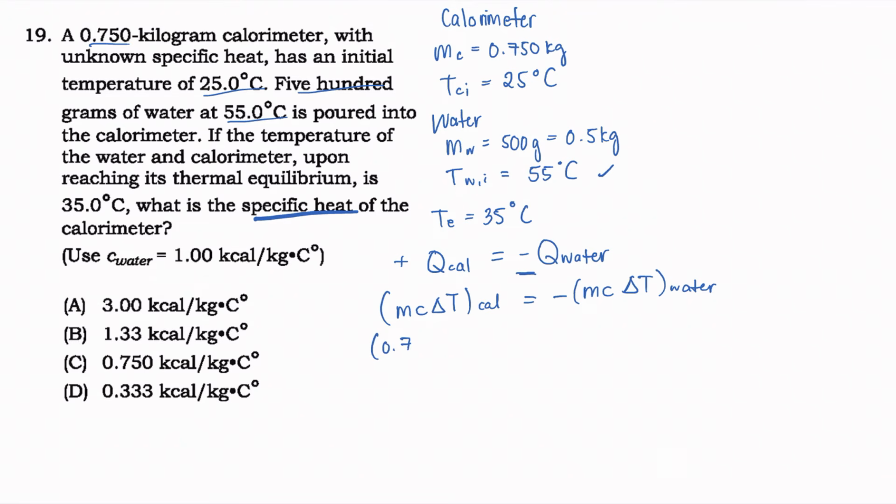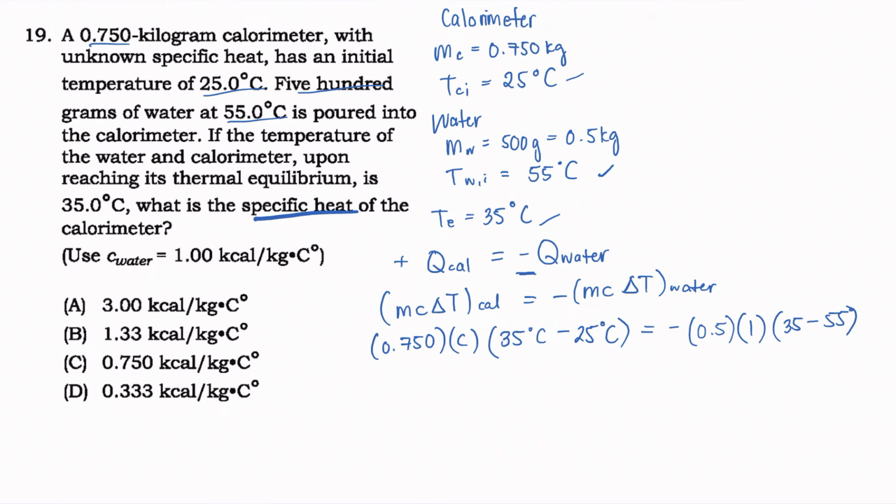So, 0.750 na mass times yung specific heat na pinapahanap times yung change in temperature. So, we have the final temperature na 35 degrees Celsius minus yung initial temperature ng calorimeter na 25 degrees Celsius. Equal yan sa negative 0.5 kilograms times yung specific heat na 1 times 35 minus 55 degrees Celsius.